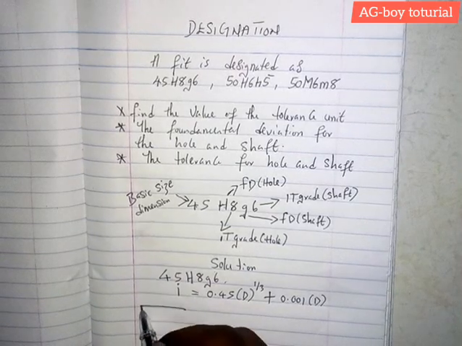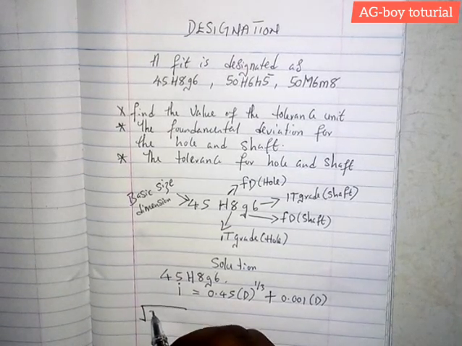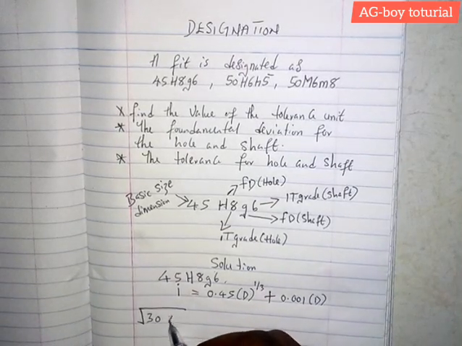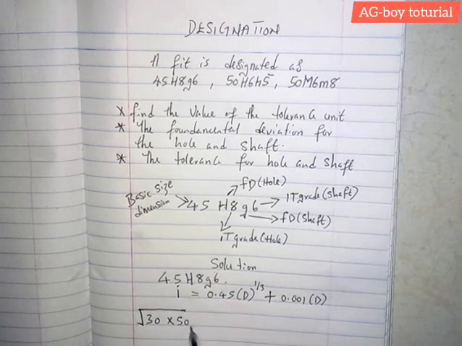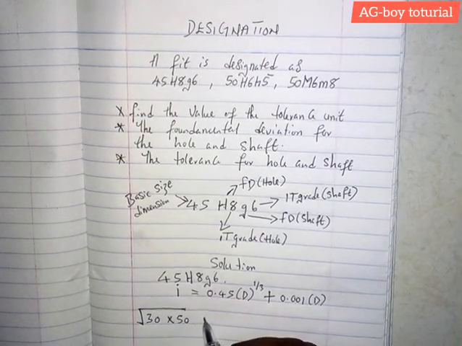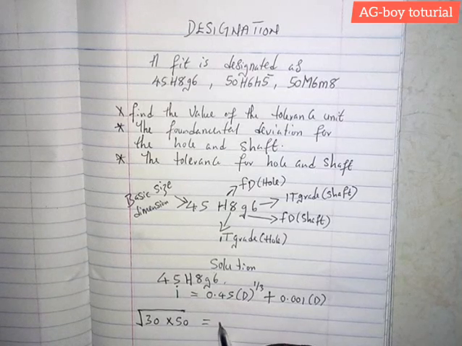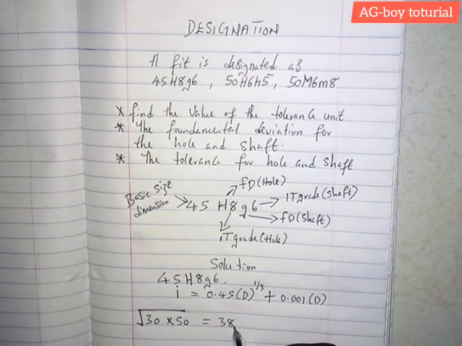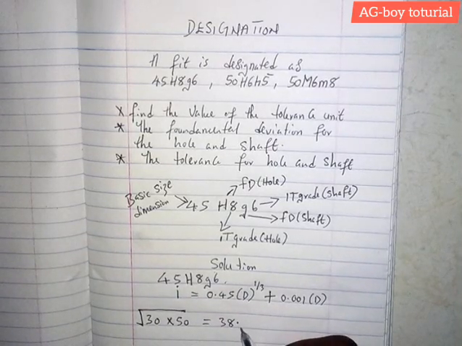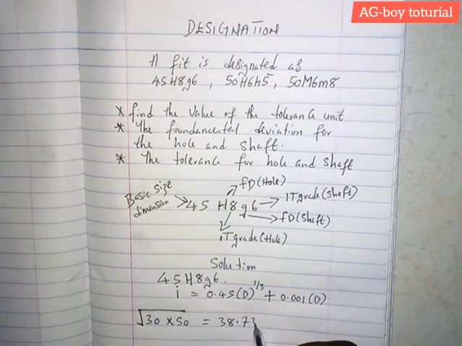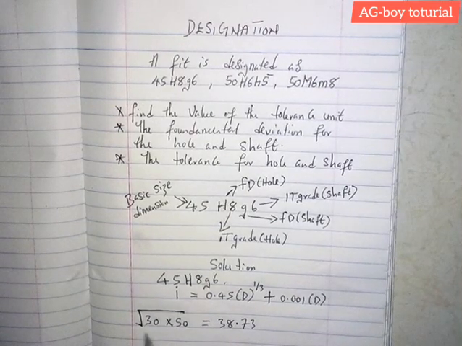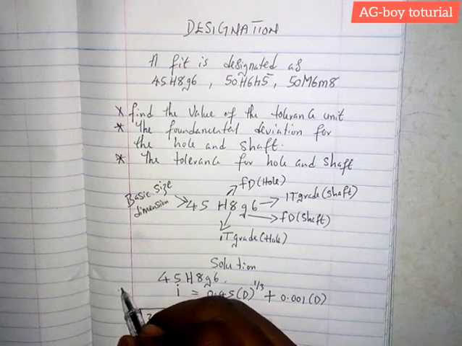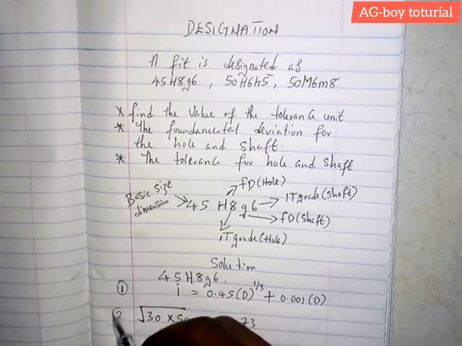You take the square root of 30 multiplied by 50. If you check this, you are going to have 38.73. Understand? So these are the steps. This one is step number 1, then this is step number 2.